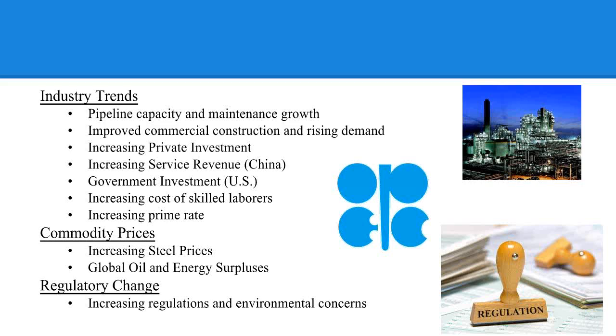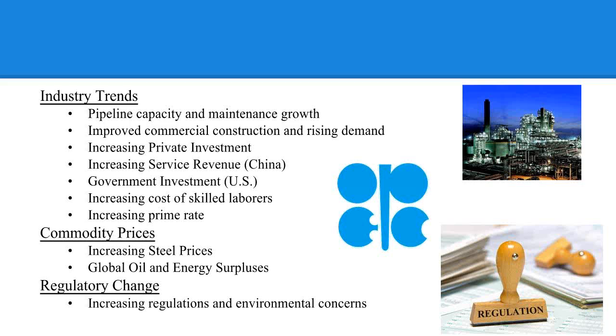So in relation to industry trends, according to IBISWorld, pipeline capacity and maintenance growth is expected to increase in the coming years, and that's linked to natural gas production in the United States, which is increasing, as we all know, due to fracking. As well, we perceive improved commercial construction and rising U.S. demand, which should lead to increases in our revenues.